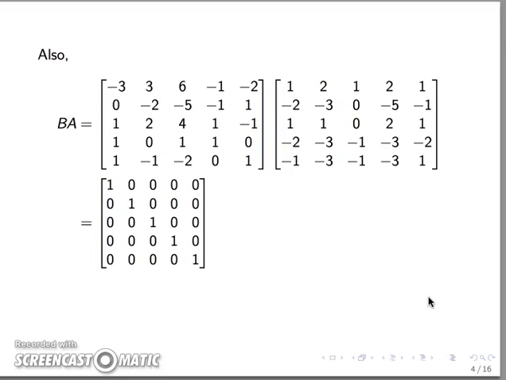At the same time, this provides an example in which indeed A times B equals the identity, but also B times A does. Remember, in general, commutativity is not a free property of matrix multiplication.